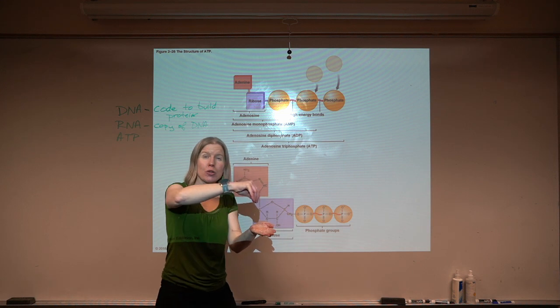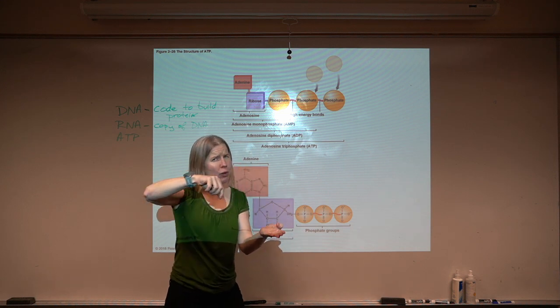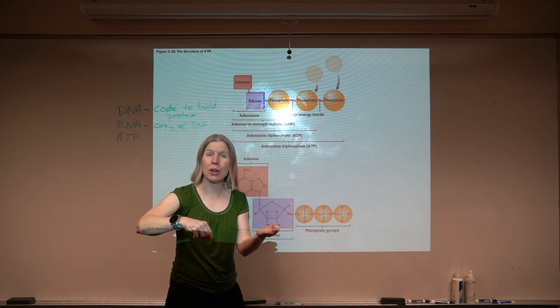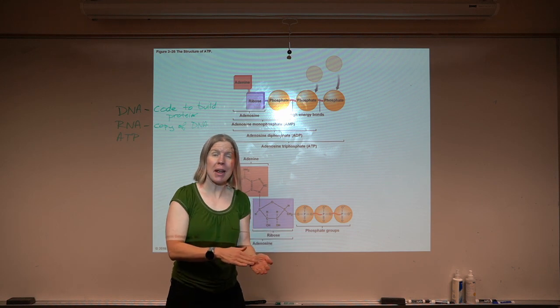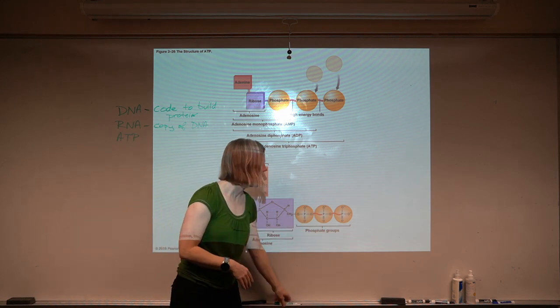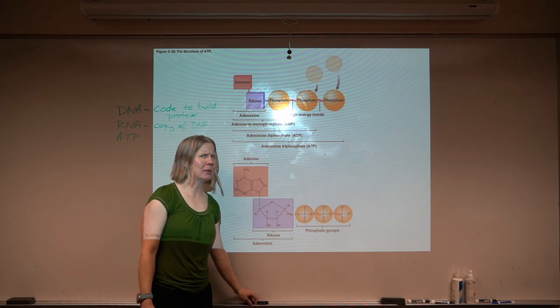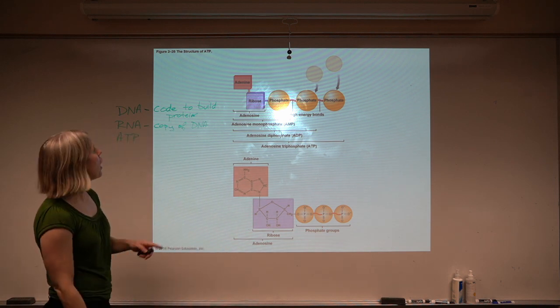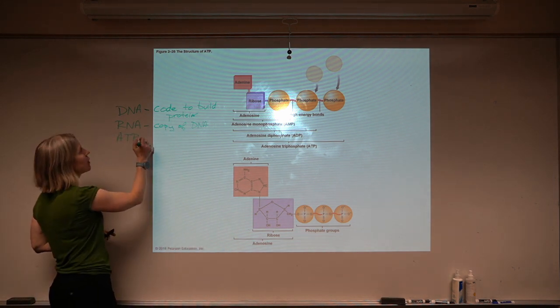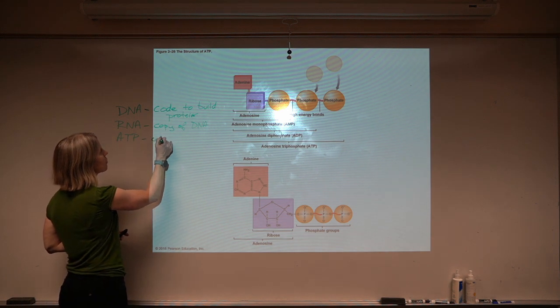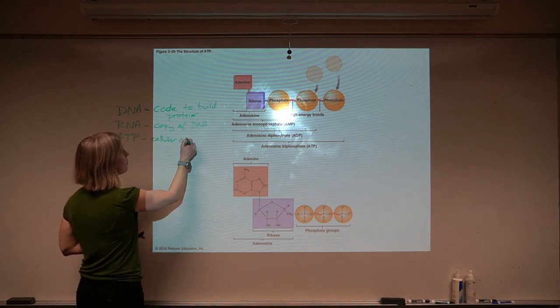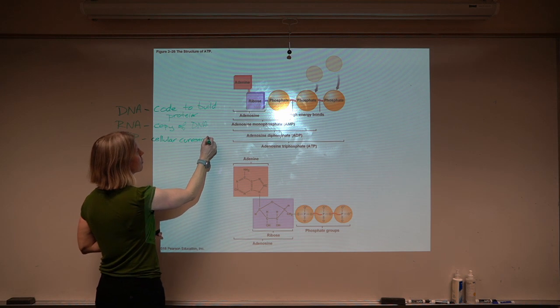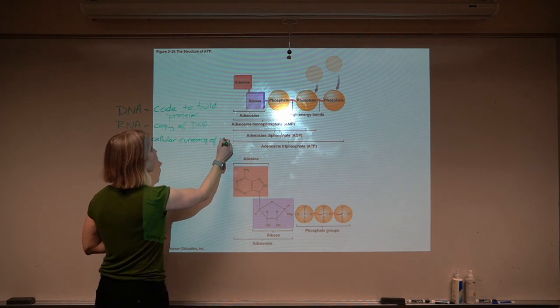Or think about setting a mousetrap. It's really hard to pull that bar over, but you're loading the energy. And man, when you break that bond, you can catch a mouse. Okay, so ATP is that cellular currency of energy.